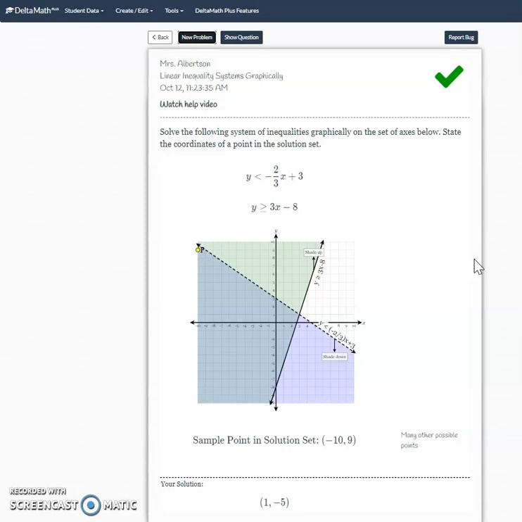And you can find that in the area that is shaded in both colors. Okay? And then keep in mind that points on a solid line are solutions, points on a dotted line are not solutions.